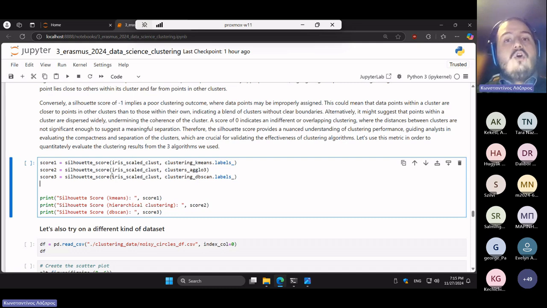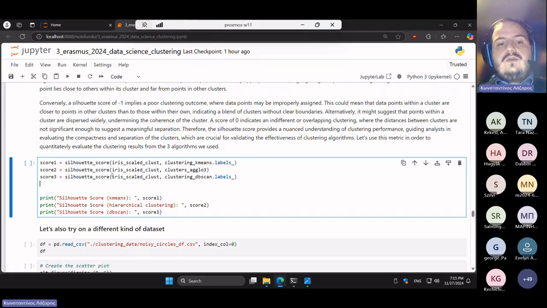There might be overlaps between clusters. So although there might be some kind of a discerning pattern, it's not all that clear. And a value that is very close to 1 indicates that we have very clean, very precise, very concise clusters that are actually pretty far apart from each other. It basically means that we've achieved the optimal clustering in relation, of course, to the data that we're using for our project.